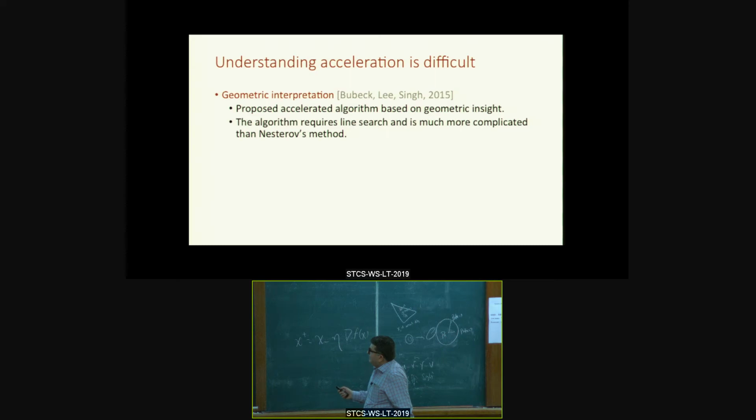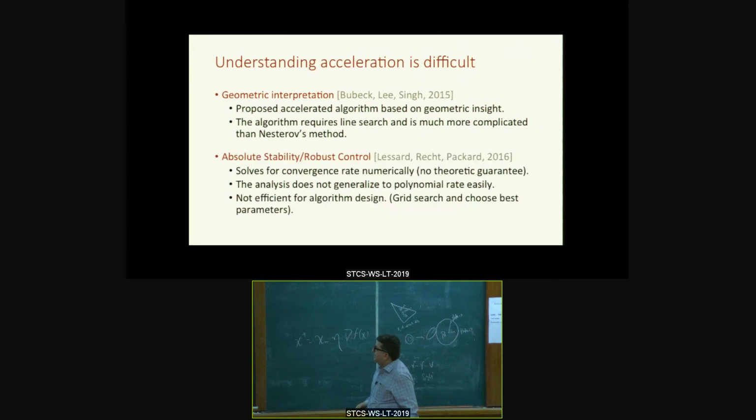There's Sébastien Bubeck and co-authors, who had this nice paper that he described on his blog. By the way, I recommend his blog. He's very clear and it has nice tutorial value. He tried to provide some geometric insight, but again, it was like starting from the Nesterov proof and then mapping it out to something else, as opposed to trying to come up with an independent insight from it.